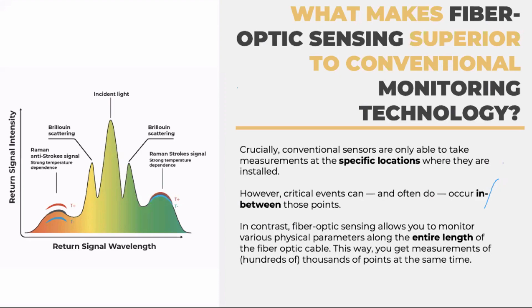The main difference between all these three cases is that Brillouin and Raman sensing systems are not real time. Because with Rayleigh scattering, we have nothing inside the fiber optics, only some internal defects.